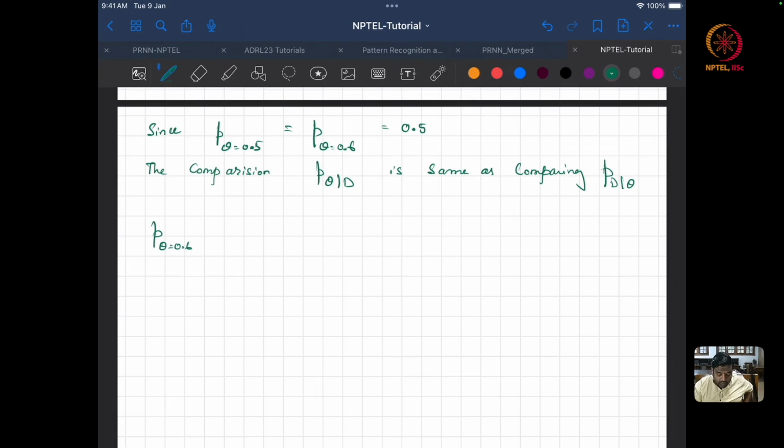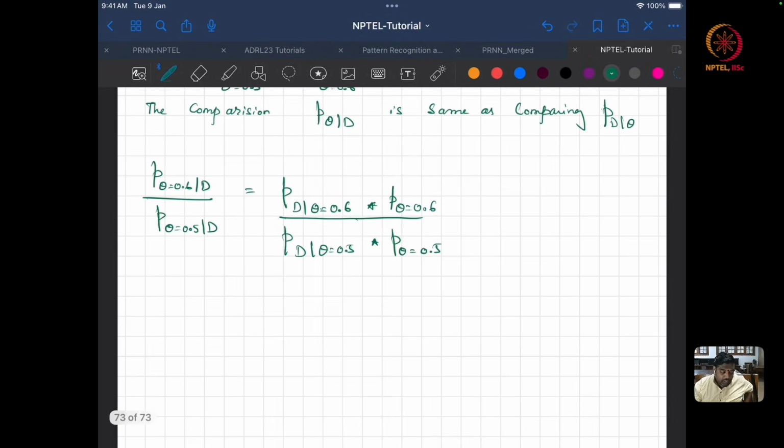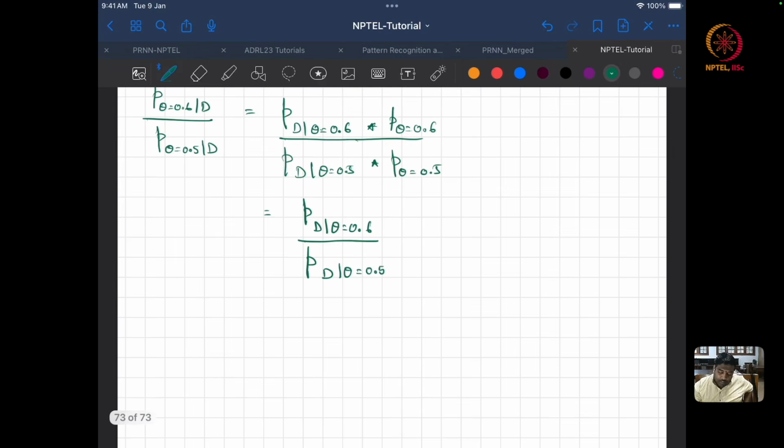P of theta equal to 0.6 given D divided by P of theta equal to 0.5 given D is the same as P of D given theta equal to 0.6 times P of theta equal to 0.6, divided by P of D given theta equal to 0.5 times P of theta equal to 0.5. Now these two prior values are the same. You can cancel them out. Therefore, it becomes the ratio of P of D given theta equal to 0.6 to P of D given theta equal to 0.5. Now what do you mean by this?